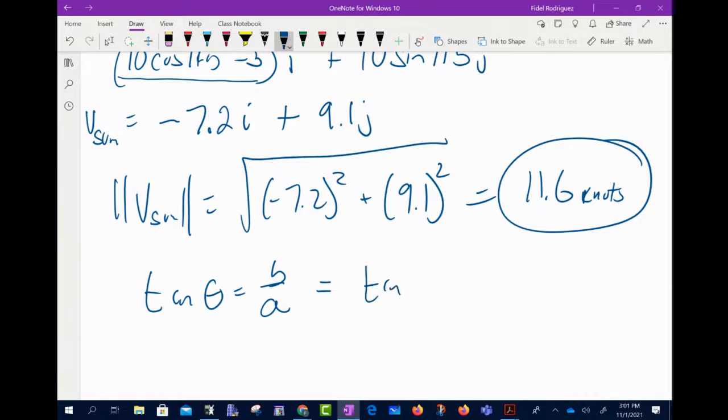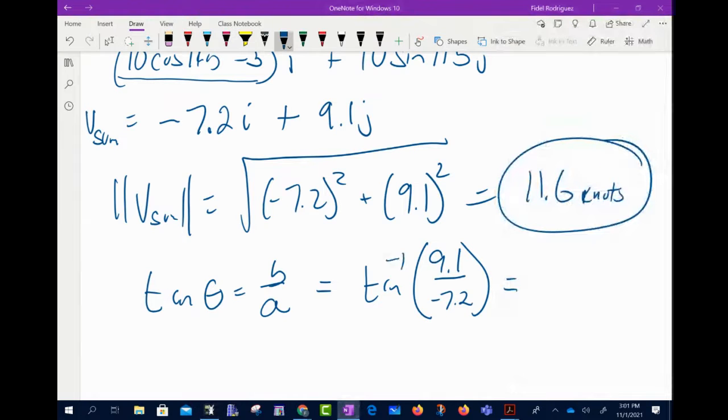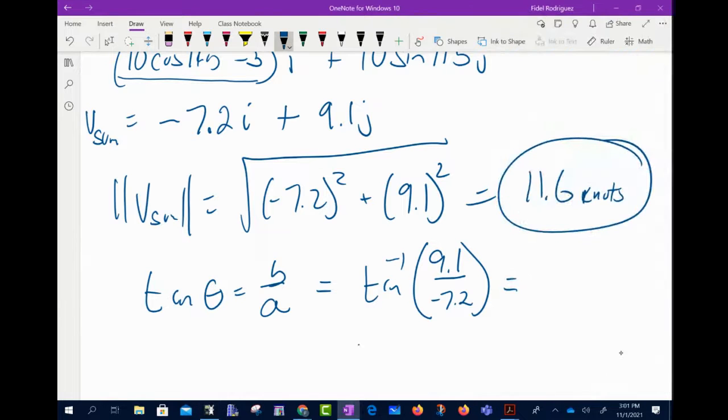So the tangent of my angle is 9.1 divided by negative 7.2. So let's do second tangent inverse of 9.1 divided by negative 7.2. I'm coming up with negative 51.6, so my theta is negative 51.6 degrees.